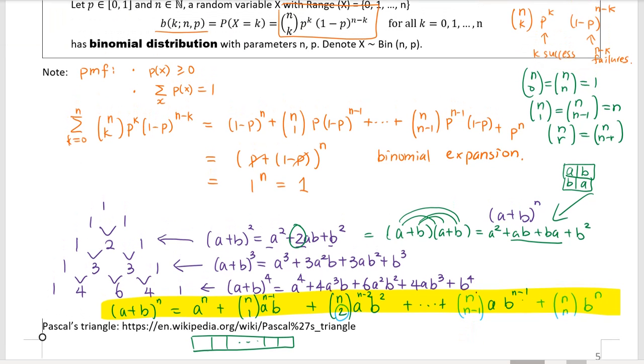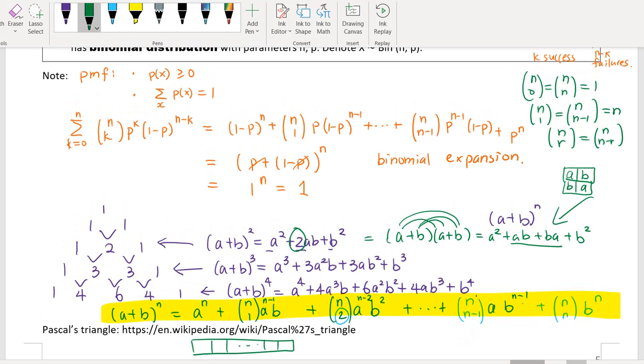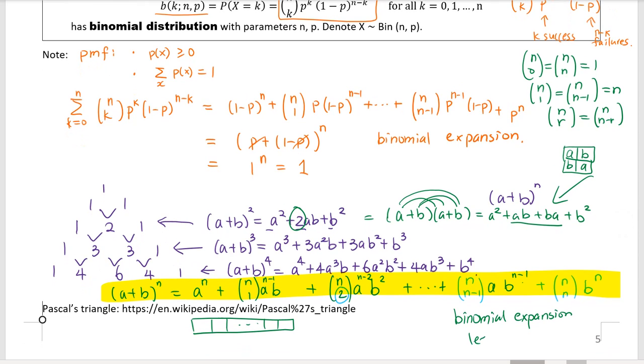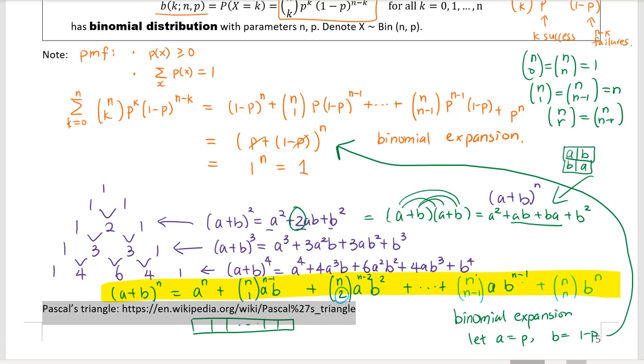And we plug in a equals p and b equals 1 minus p, then we can get this. If you have questions, feel free to ask me, and here I provide you the link. You can go to this website and read more about it.